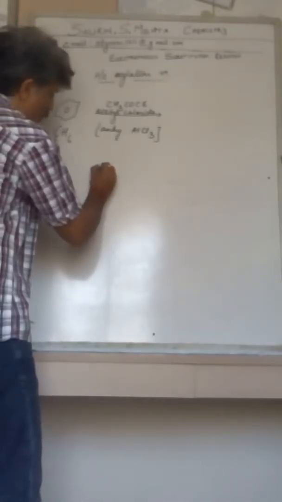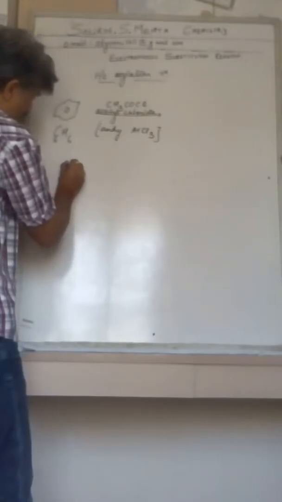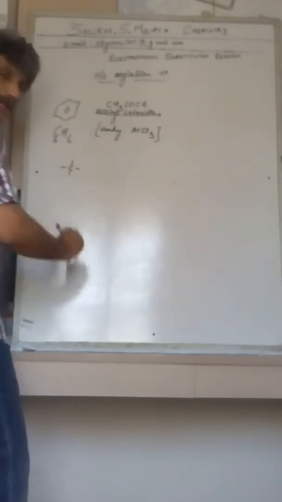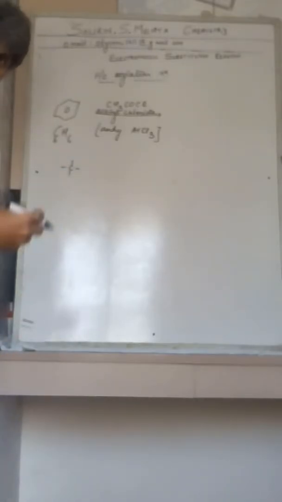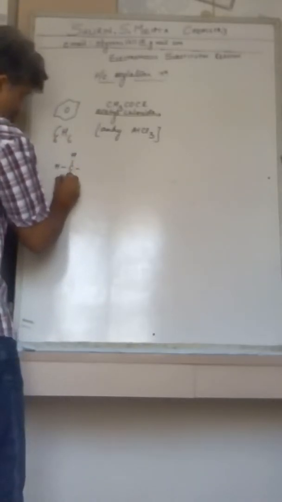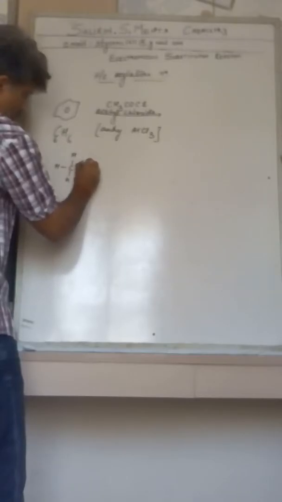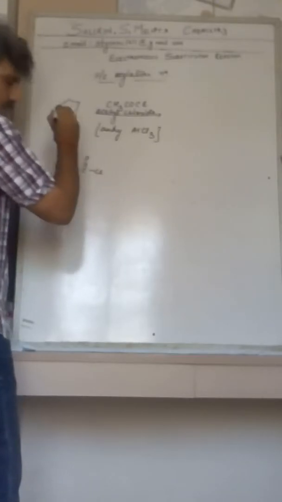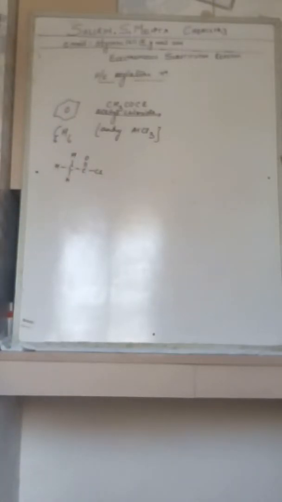What happens in this? We have got CH3COCl. I'll write it in the actual bonding form. CH3COCl. This is a reagent, acetyl chloride. I'm going to react it with AlCl3.